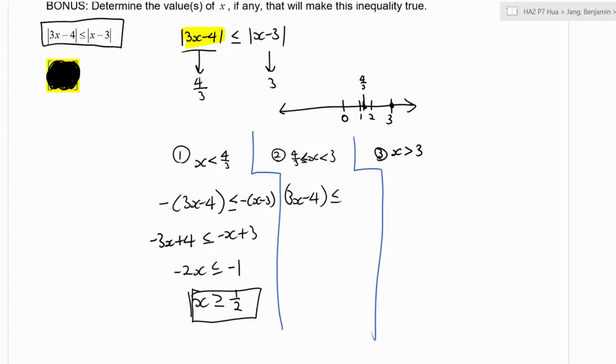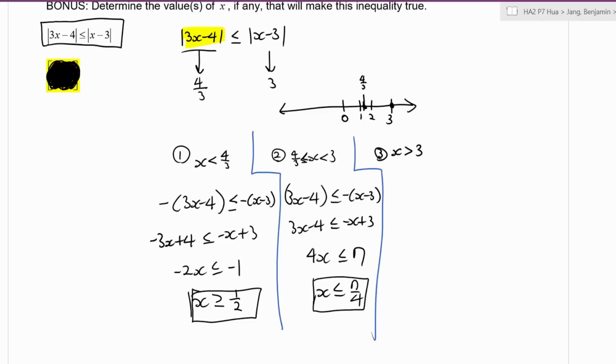However, this equation becomes less than 0. Therefore, we repeat the similar process. For x and 7, x is less than or equal to 7 over 4. That is the second inequality we get from the second equation.